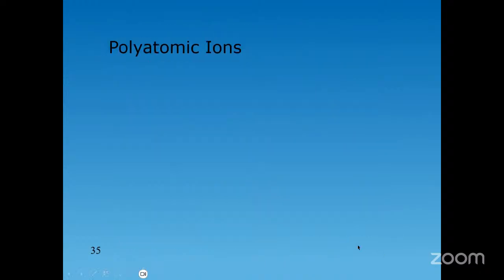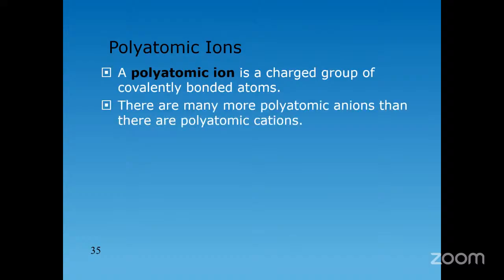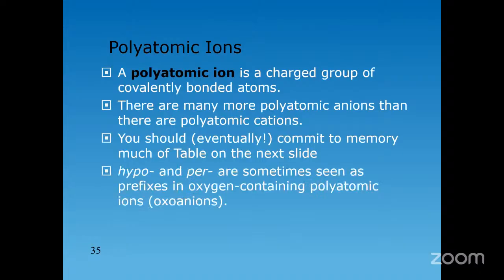Okay, so now we're going to get to what we call polyatomic ions. And as the name suggests, these represent atoms which are held together by covalent bonds, but that unit carries a charge, all right? I don't expect you to memorize the table I'm about to show you, which is basically a list of the polyatomic ions.